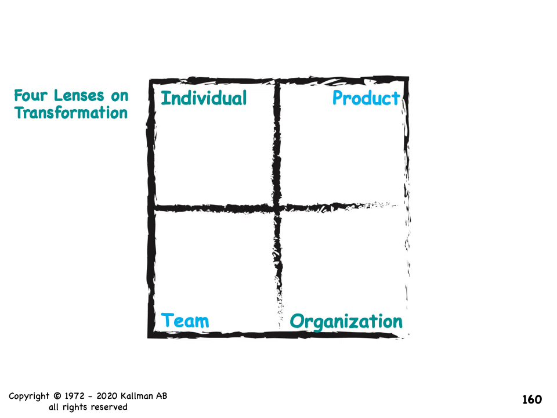There are four lenses on transformation, and I hinted at those in the other slide. There's the individual area, there's the team area, product, and in product I include program, so all program management, process management, including everything that the line managers do. Agile coaches will live in this box.